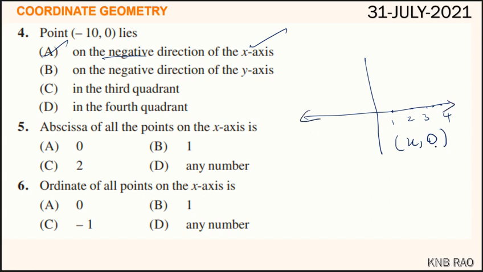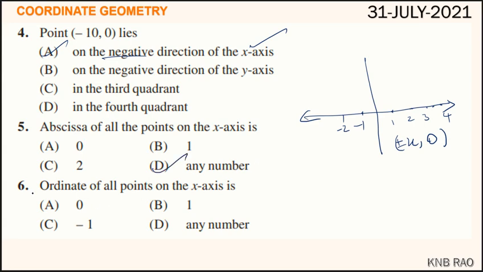So the x coordinate of any point lying on the x axis is not a constant term. It can be any number, positive or negative, but the y coordinate is only 0. Since he is asking the abscissa of all the points on the x axis, any number, D is the right answer.